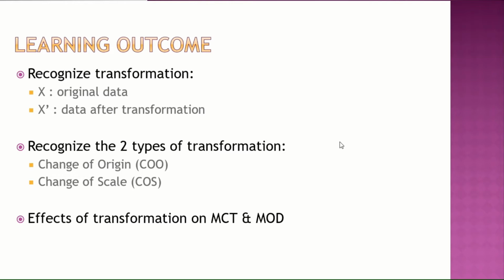So we're going to cover all 3 learning outcomes today: recognizing transformation, recognizing the 2 different types of transformation, and the effects of transformation on MCT and MOD. Basically, what will be the effect on the MCT and what will be the effect on the MOD. MCT is mean, mode, median. MOD is range, interquartile range, standard deviation, and variance.